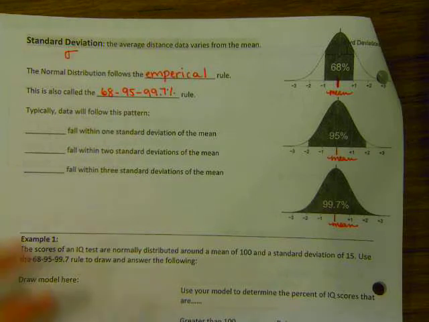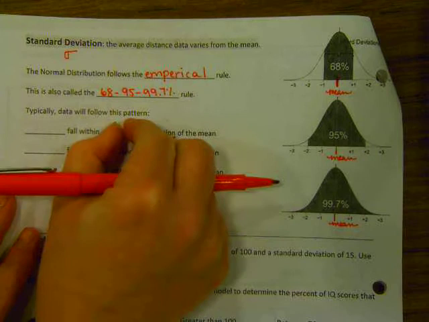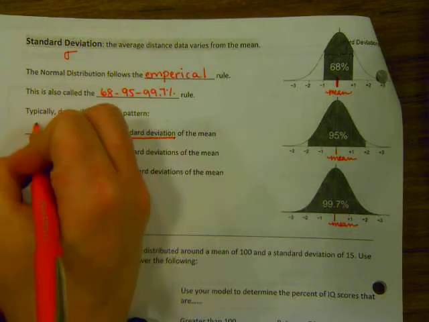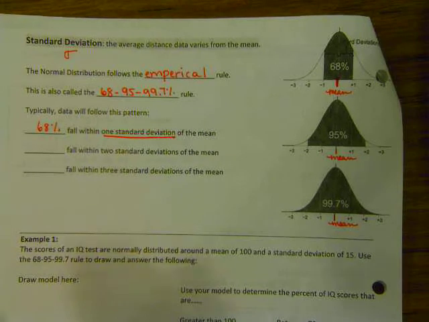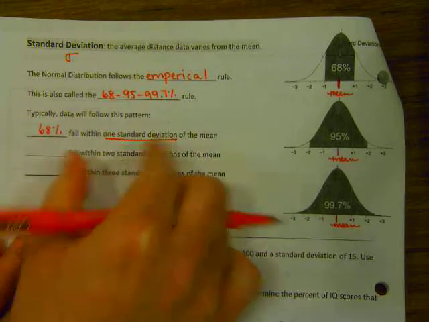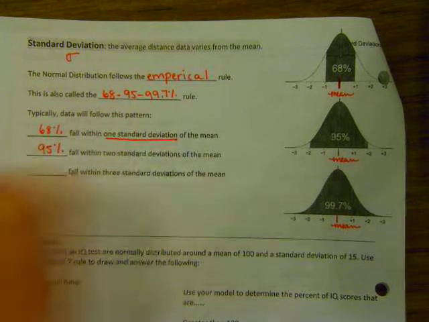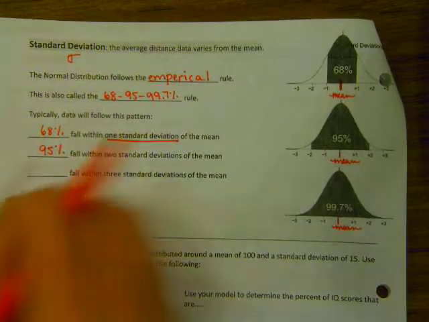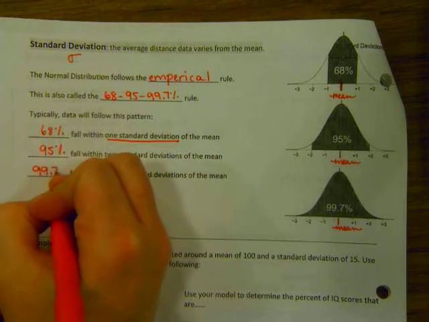Within the first standard deviation, the first spread away from the mean, 68% of the people or survey data lies in that. Versus 2 standard deviations away from the mean, 95% of the data lies in. 3 standard deviations away, 99.7% lie in.